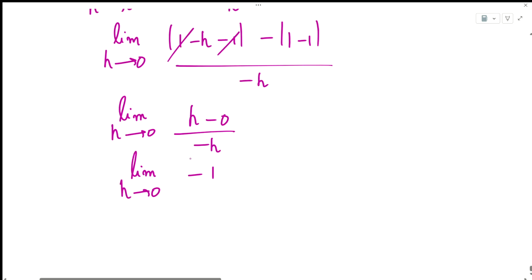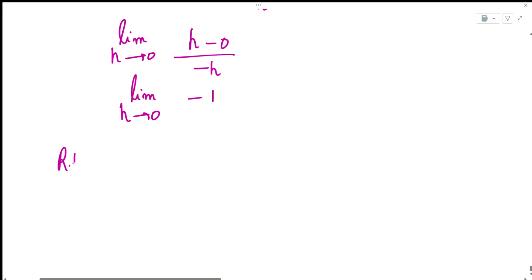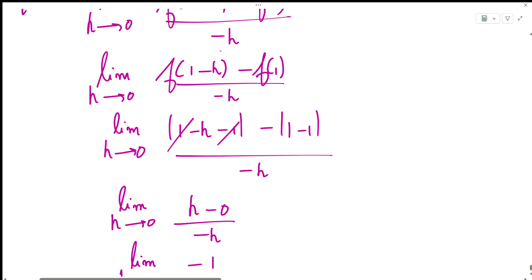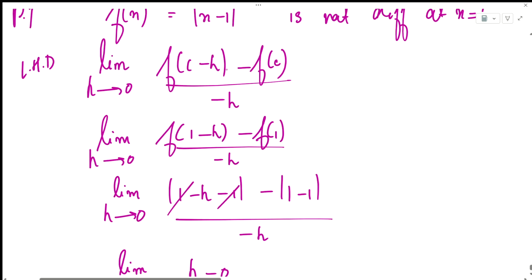But if you check the right hand derivative, what is the formula for right hand derivative? It is limit h tends to 0 of f of (1 plus h) minus f of 1 upon h. So what is f of (1 plus h)? I'm gonna plug in 1 plus h minus 1 on the top.